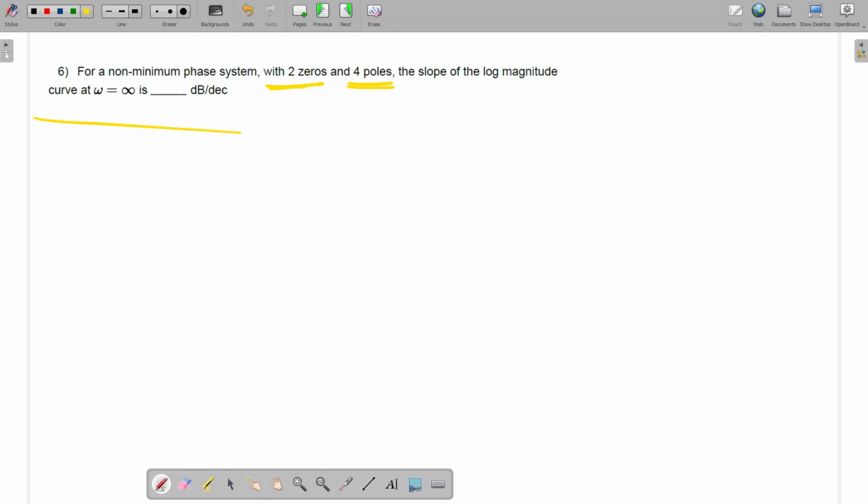Either minimum or non-minimum, the magnitude plot will not be affected, I think. So here also it will be the same. 2 zeros are there, so we can apply 2 minus 4 into 20, minus 40 dB per decade. Correct?